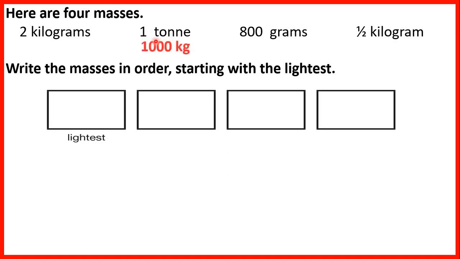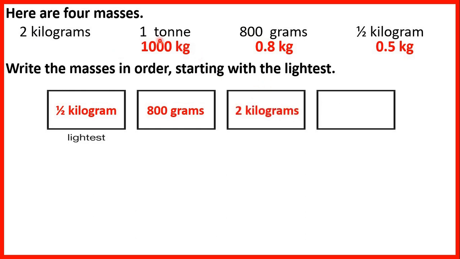So 1 ton is the same as 1000 kilograms. 800 grams is 0.8 kilograms, because remember there are 1000 grams in a kilogram, and half a kilogram is 0.5 kilograms, or 500 grams. So the lightest mass is half a kilogram, then we have 800 grams, then 2 kilograms, and our heaviest mass is 1 ton.